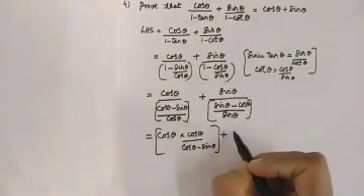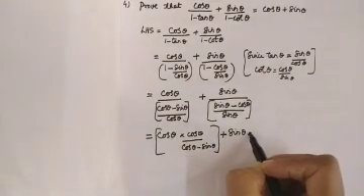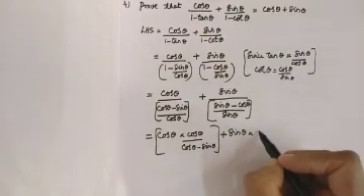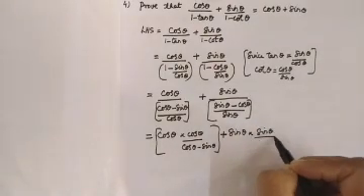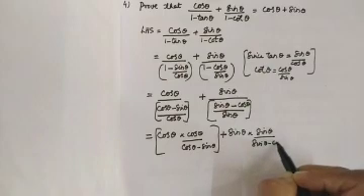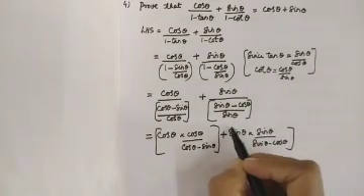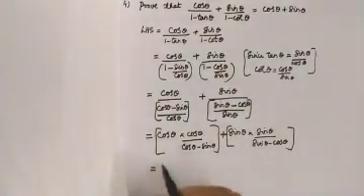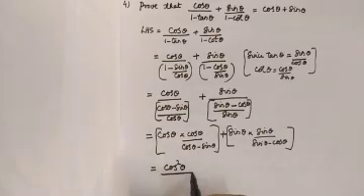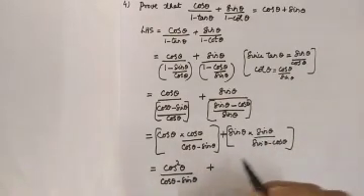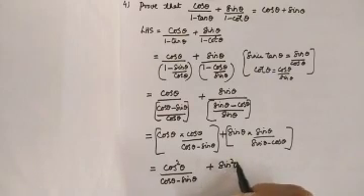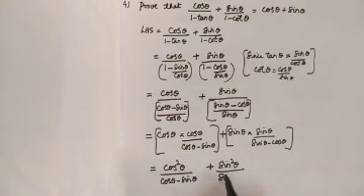Plus, here the first fraction is sin theta into reciprocal of this is sin theta by sin theta minus cos theta. This is equal to cos theta into cos theta is cos squared theta divided by cos theta minus sin theta plus sin theta into sin theta is sin squared theta by sin theta minus cos theta.